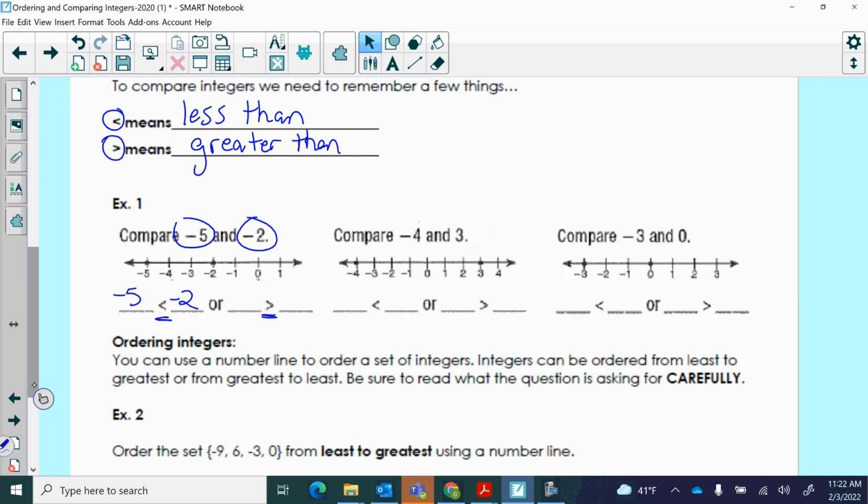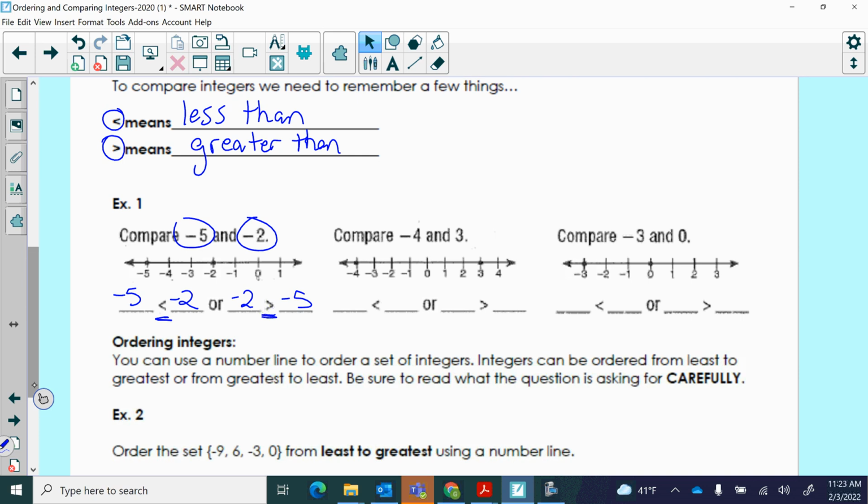But if we wanted to reverse that and do greater than, which one is greater than the other? -2 is further to the right. Closer to 0 does not work when it's on the positive side. So using left and right will always work. Make sense?